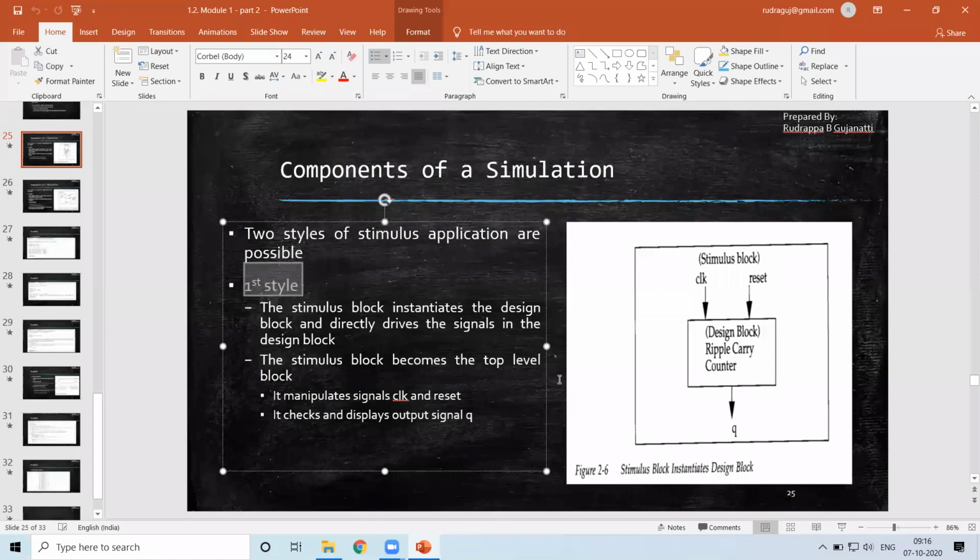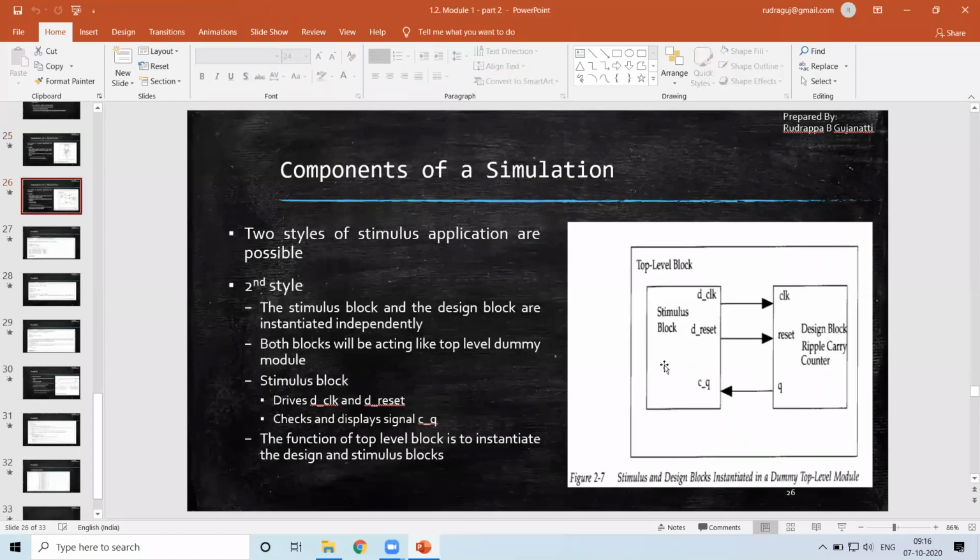In the second style, both blocks are instantiated, so that this entire thing becomes the top level block. In the previous case, only the stimulus block is a top level block, and from there you are instantiating the design block. But in this case, you are creating instances of both, which will be acting as the top level block.